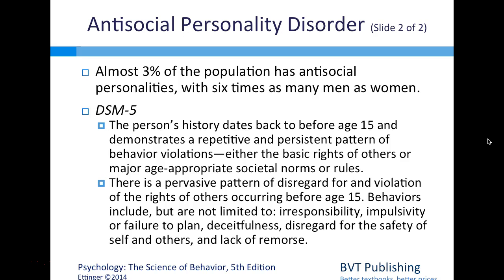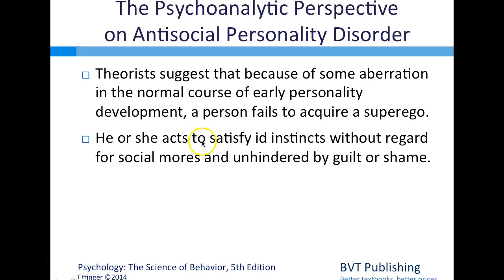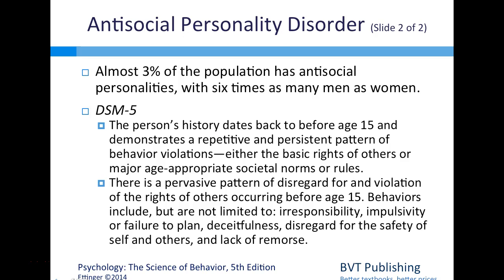There is also a pervasive pattern of disregard for and violation of the rights of others occurring before age 15. Behaviors include, but are not limited to, irresponsibility, impulsivity or failure to plan, deceitfulness, disregard for the safety of self and others, and lack of remorse. Okay, the big one here, guys, when we're talking about this, is lack of remorse. That's the big one in antisocial personality disorder.